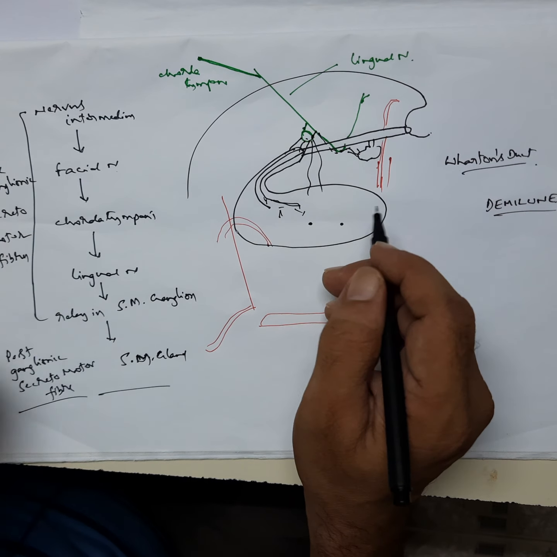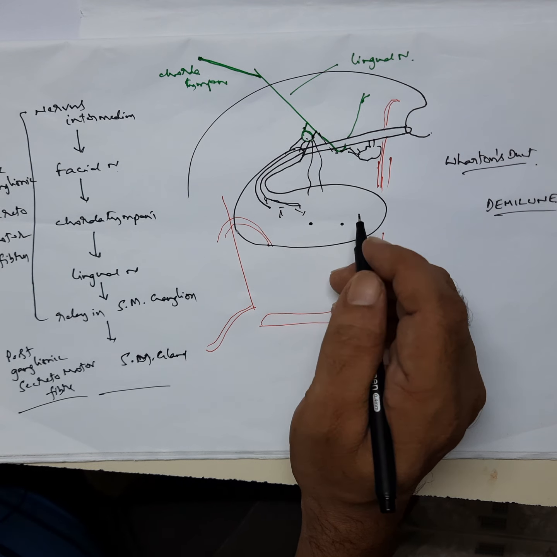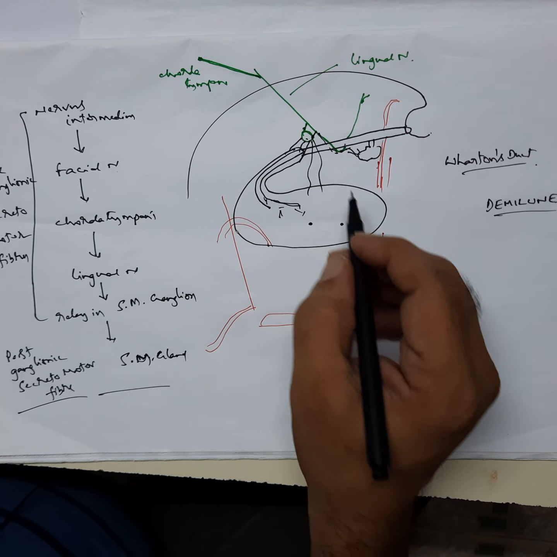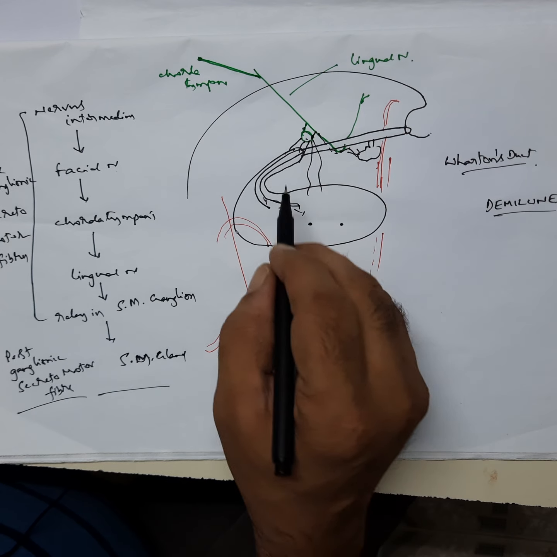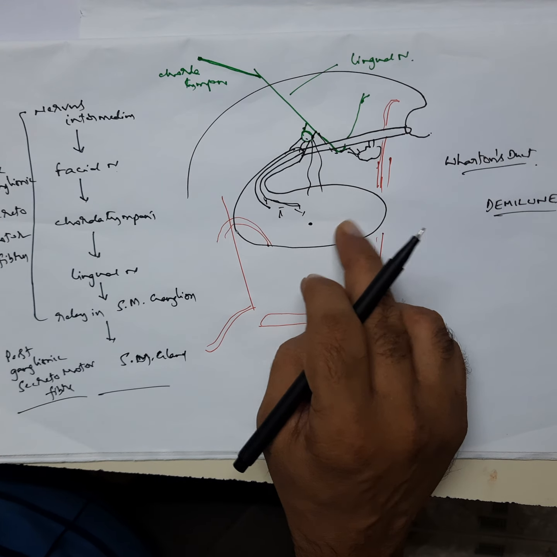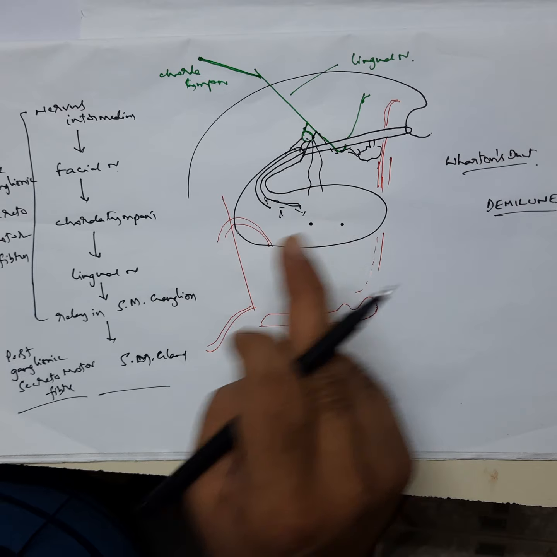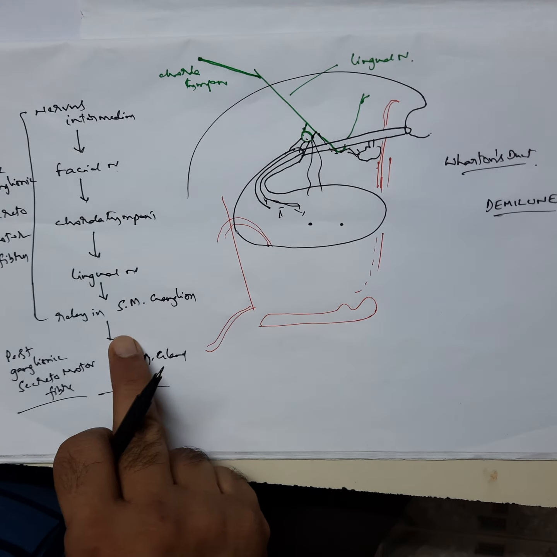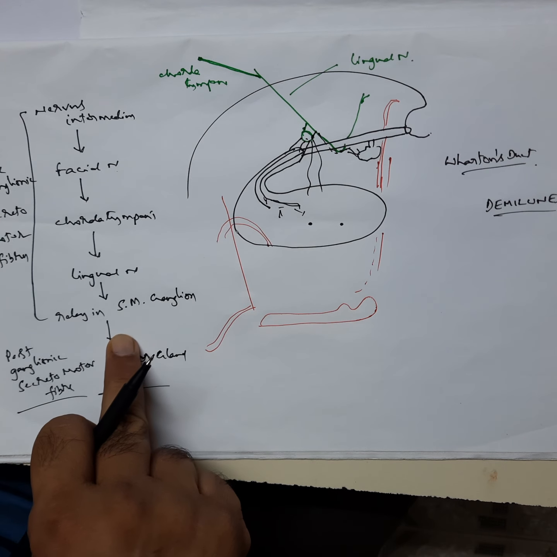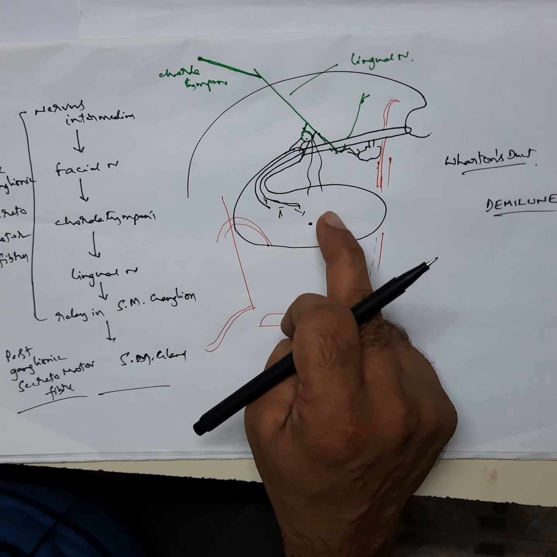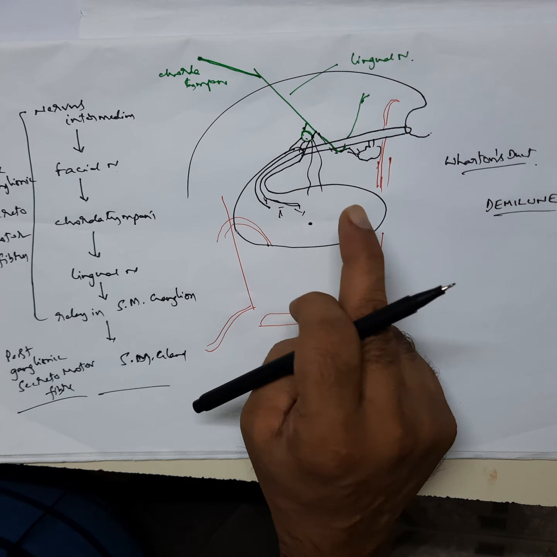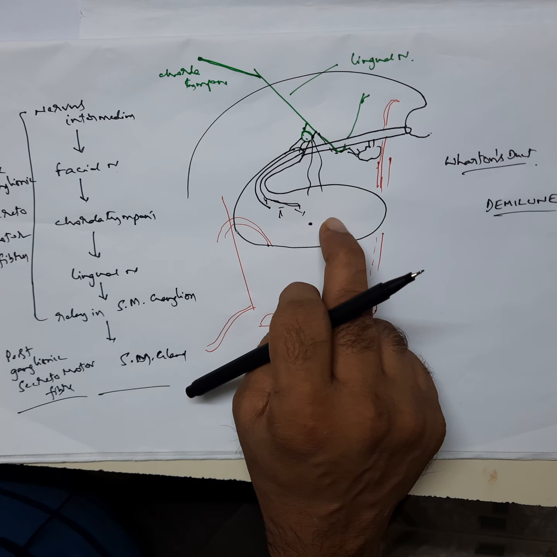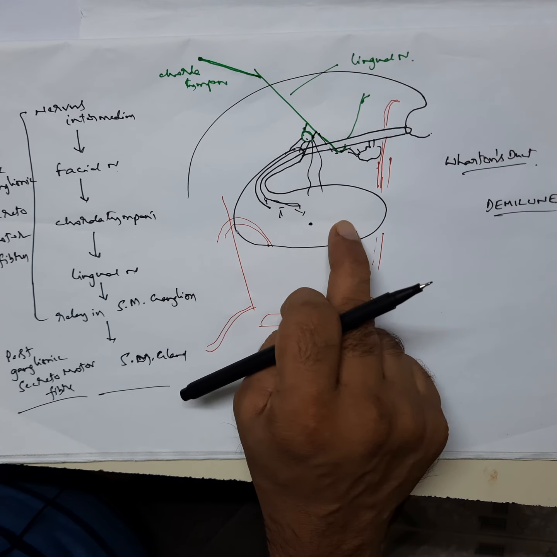Actually they are vasomotor in nature, but recent studies show that they also induce mucus secretion. So they are also secretomotor to this gland, because the parasympathetic fibers induce watery secretion and the sympathetic fibers also induce mucus secretion, and they also act as vasomotor fibers to this gland.